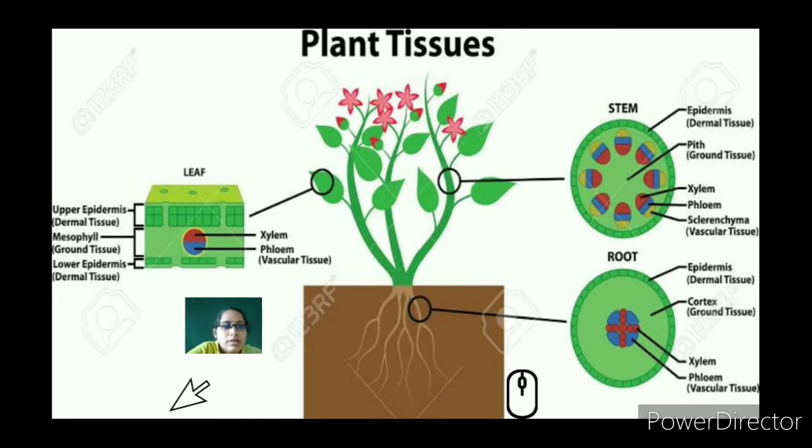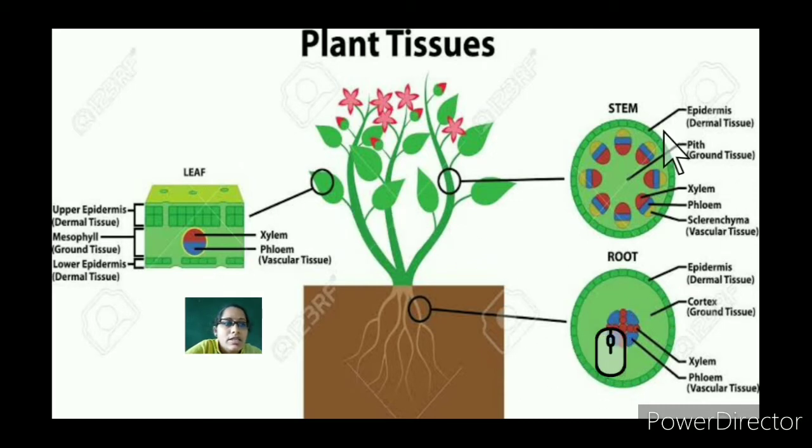You can see a section of a leaf. These all are tissues or layers of tissues, wherein you can see the lower epidermis, known as dermal tissue, the mesophyll, the ground tissue in between, and the upper epidermis, again dermal tissue. The complex tissues are xylem and phloem, also known as vascular tissues.